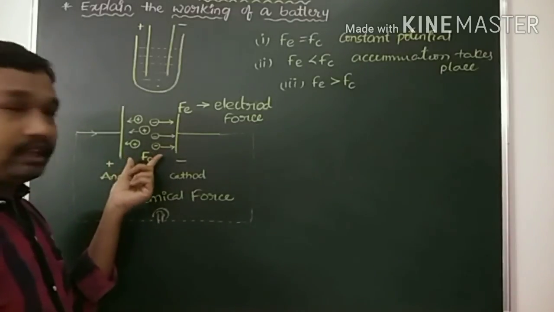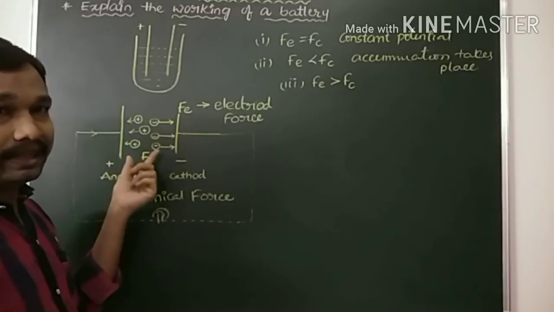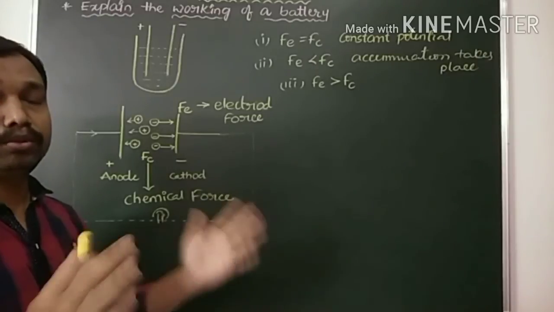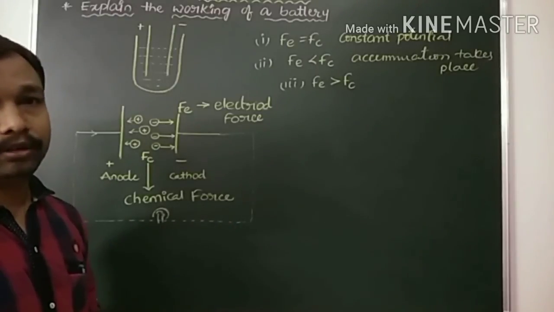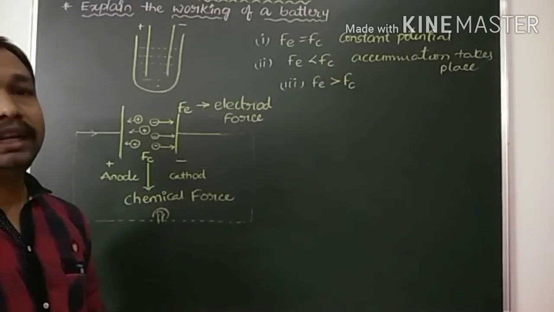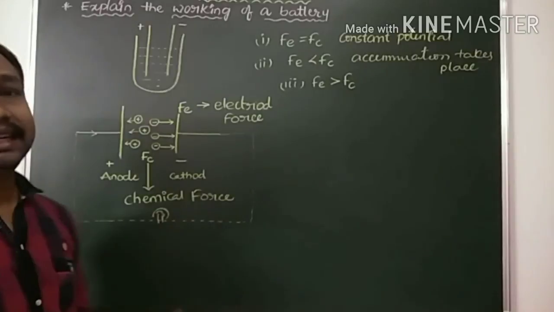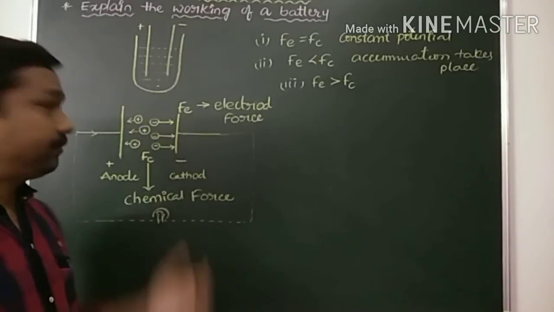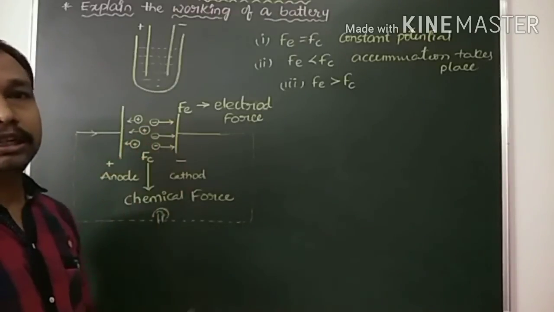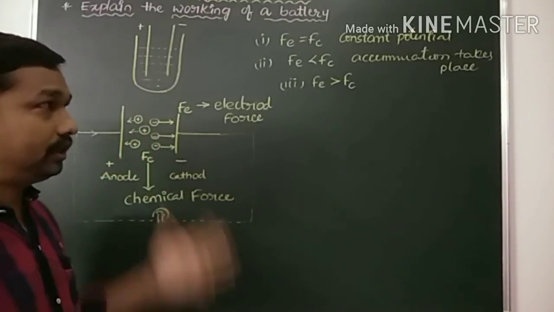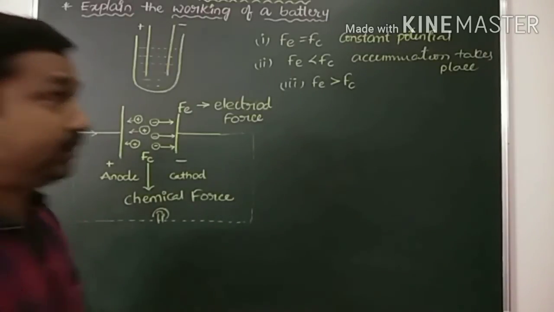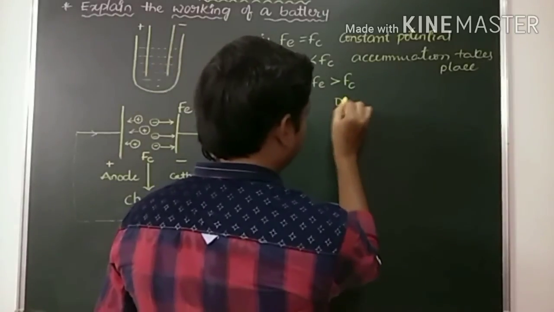That is, the chemical force exerted on negative ions or positive ions to move toward the particular electrodes is less. So that condition we call a weak battery or battery discharge. There is no sufficient force by the chemical to make them move in a particular direction. So the battery is going to discharge. This is called a discharge condition.